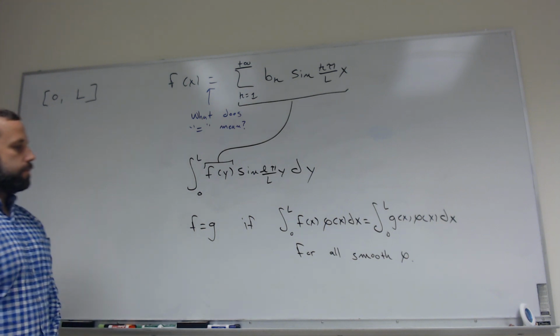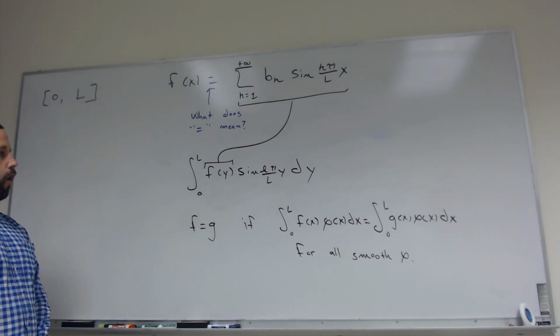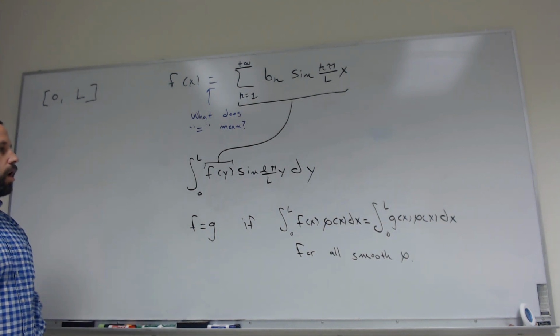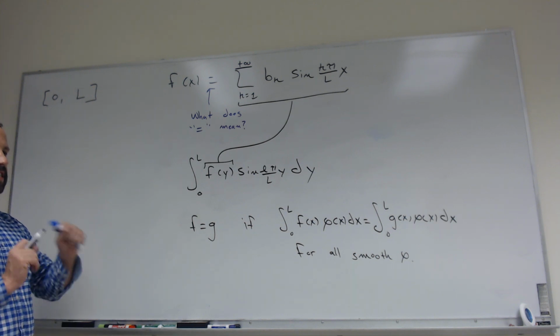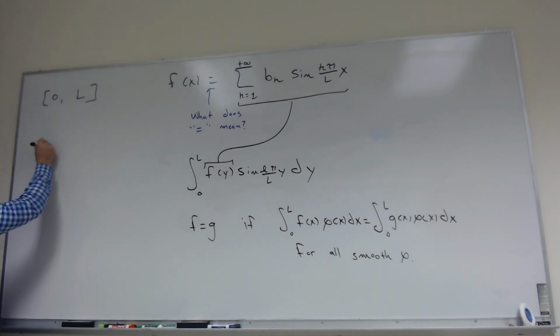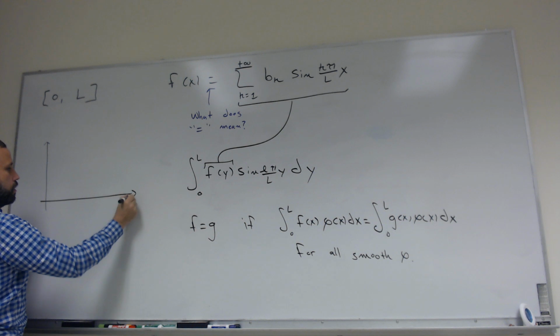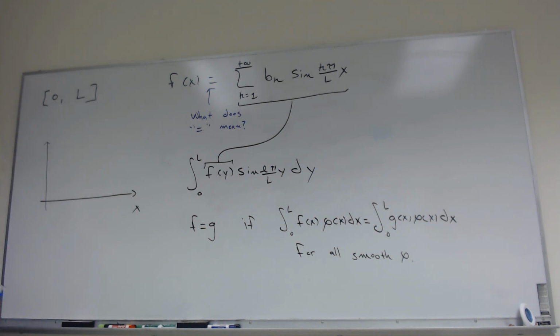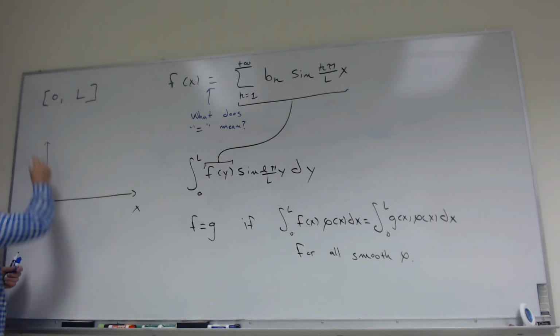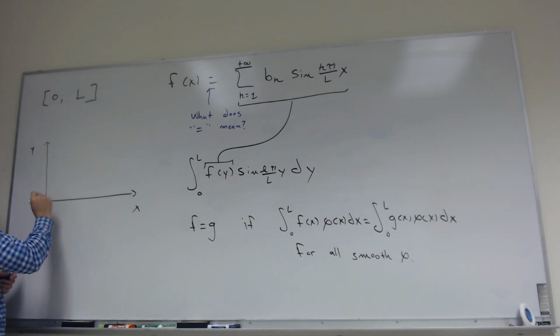Okay, well, let's assume that f and g are equal in the pointwise sense, but they just differ at one point. So maybe we have a graph. Let's say this is the x-axis and this is the y-axis, whatever you want to call it.